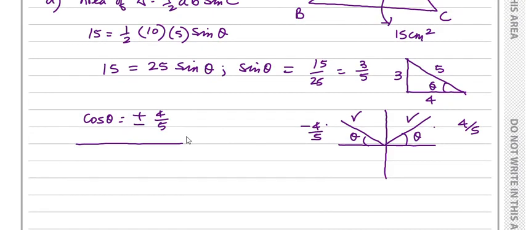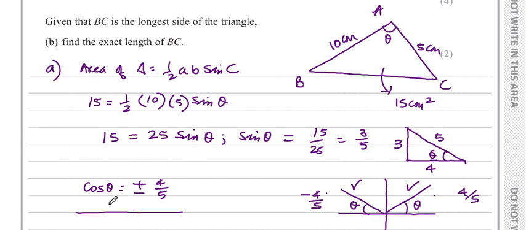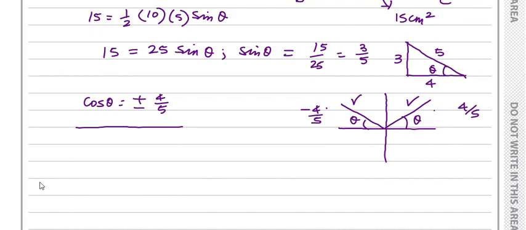And the second part of the question is, given that BC is the longest side of the triangle, find the exact length of BC. BC is the longest side of the triangle, which means the angle opposite to the longest side must be the biggest angle.